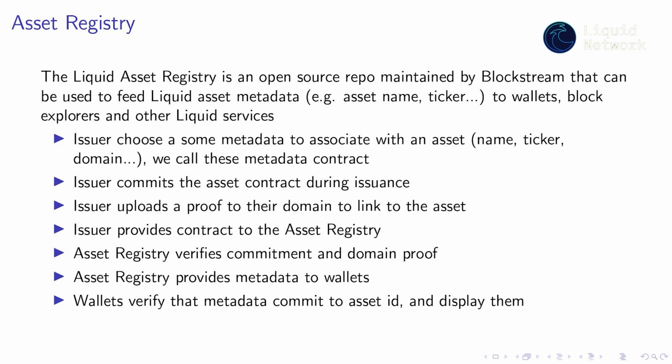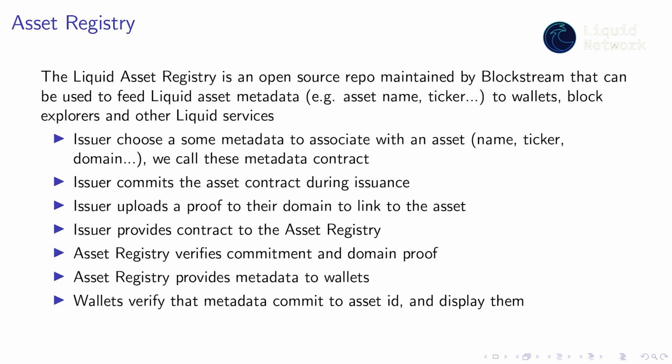The asset registry verifies the commitment and the domain proof, and if that goes through, it stores that in a huge JSON of all these contracts. Wallets can then fetch information about a specific asset, so that in my UI I can display that this asset ID corresponds to this ticker, for instance. We will see how to do that in LWK.